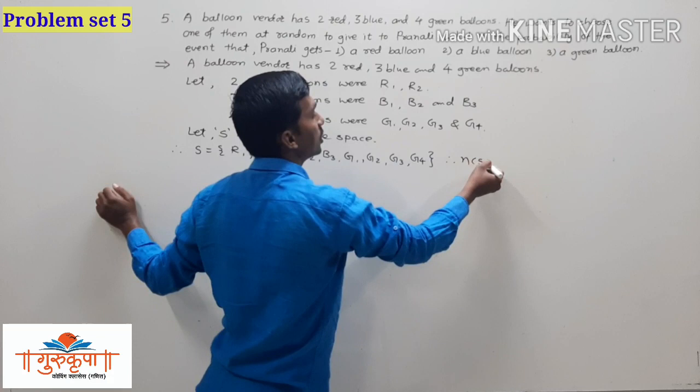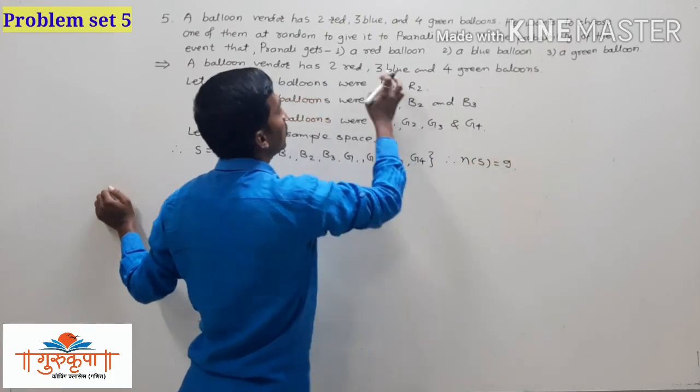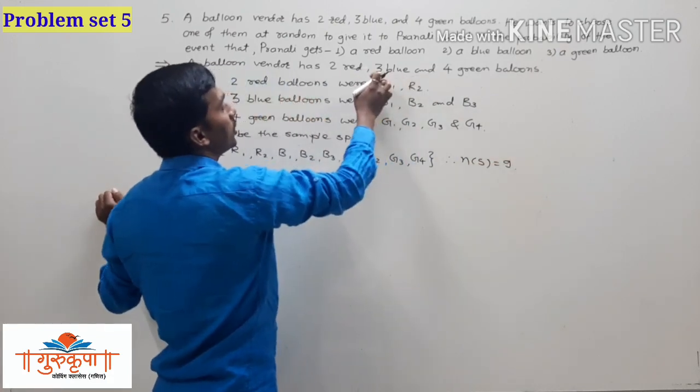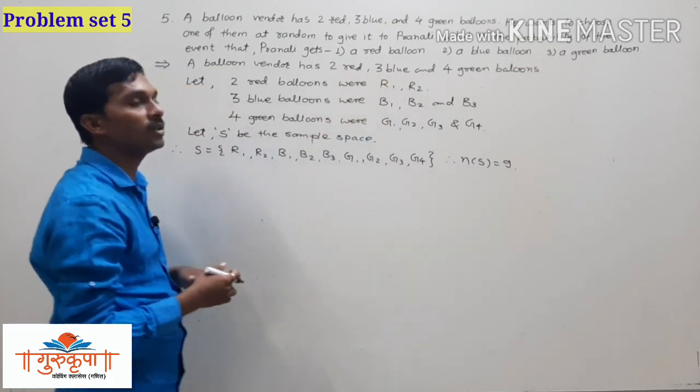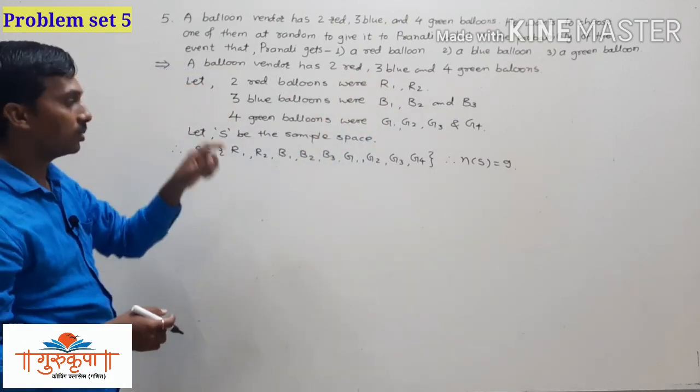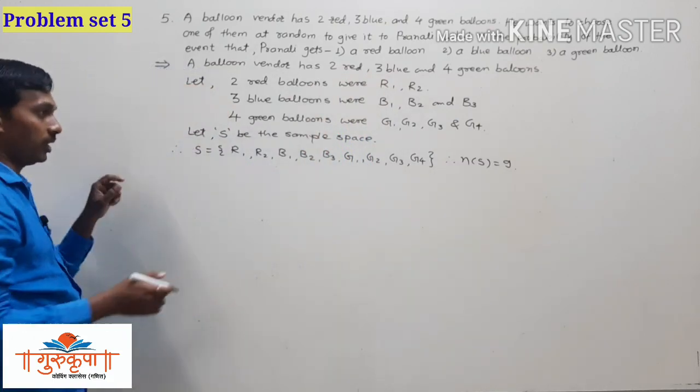Number of S is equal to 9. This is 4 plus 3, 7 plus 2, 9 balloons in all. So number of S is equal to 9.